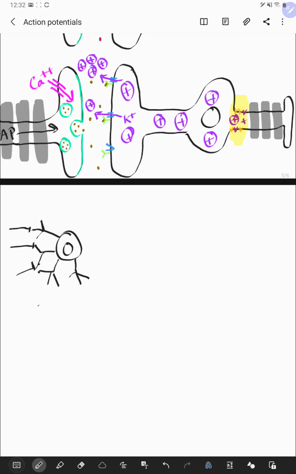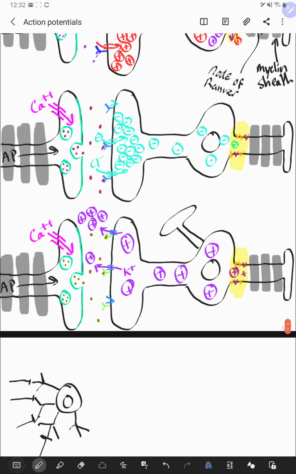All right, what I'm trying to get to is that there are lots of these dendrites. There's not just one. I only have one drawn, but there's other dendrites here that are going to attach to axon terminals of other presynaptic neurons.